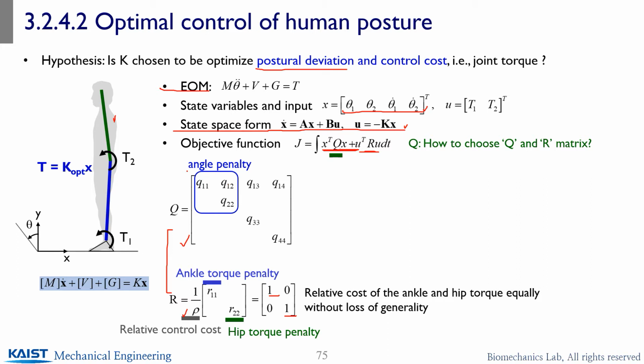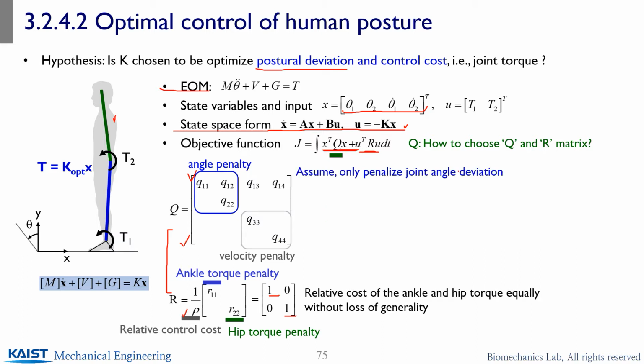First, the first two by two values are penalties for the angle deviation, and the last two by two values penalize the velocity deviation. Okay, so as long as we have a smaller angle, that'll be more prioritized, we assume.